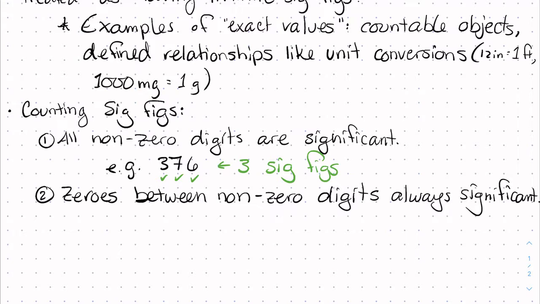So for example, the number 4096, we have 3 non-zero digits, which are always significant, and then we have a 0 in between 2 non-zero digits, which is also significant. So this number would have 4 sig figs.